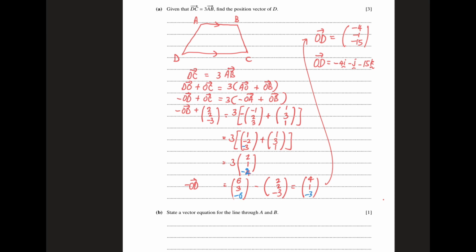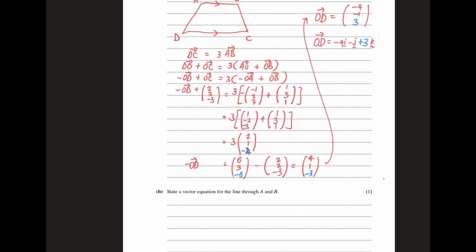Then this is positive 3, positive 3k. Okay, now let's move on.